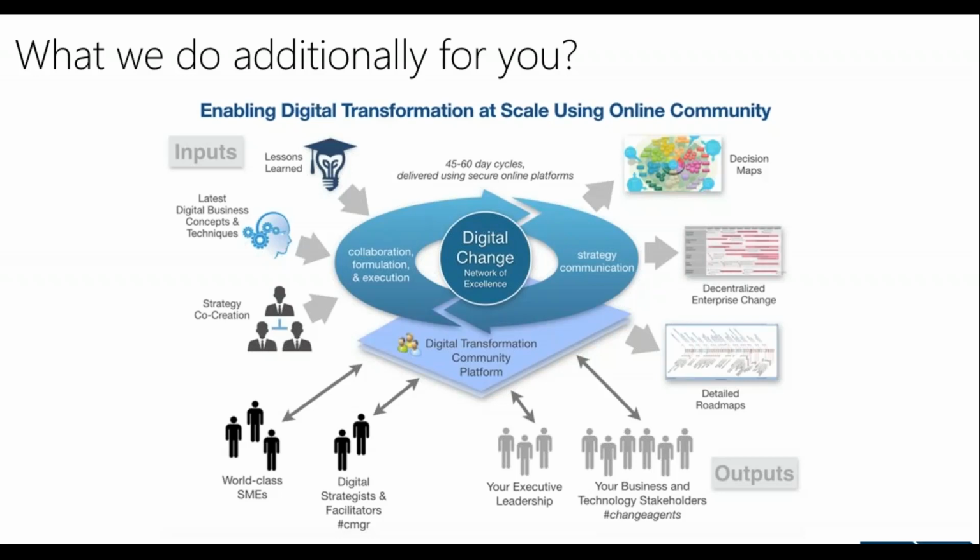So these are the things we provide: world-class SMEs. We have a number of subject matter experts here, who help you to design the best architecture which suits your business and give you the advantages which you are looking for.